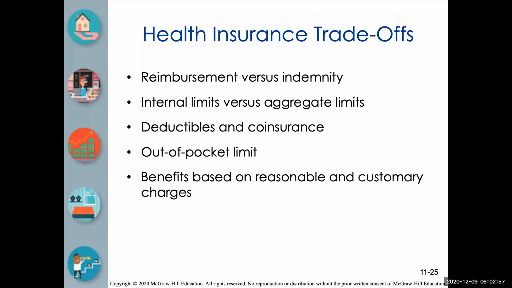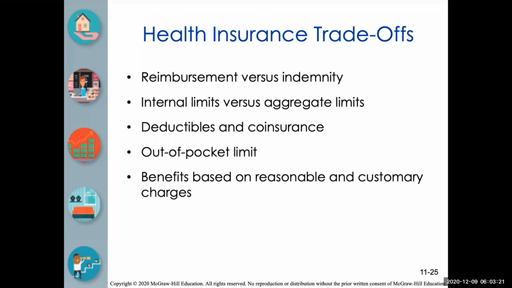So obviously there are trade-offs. Health insurance trade-offs: this reimbursement concept versus the indemnity concept, internal limits versus aggregate limits, deductibles and co-insurance, out-of-pocket limits, benefits that are based upon reasonable and customary charges.